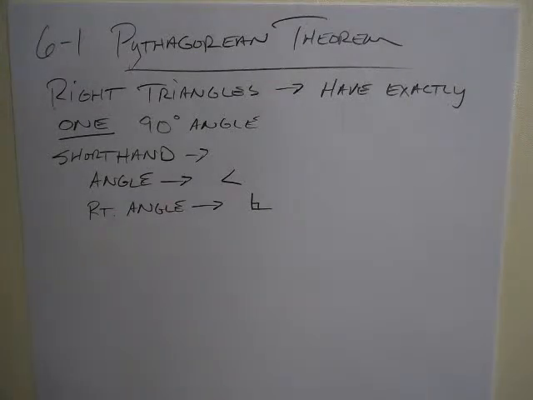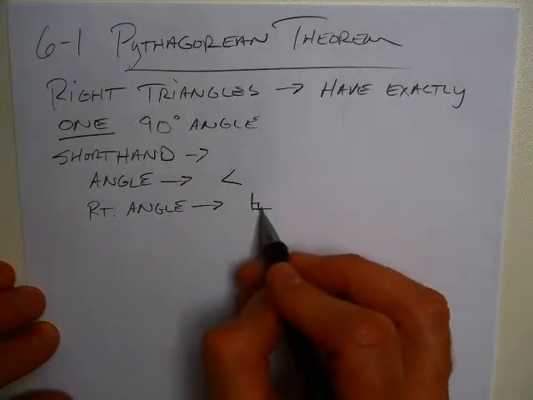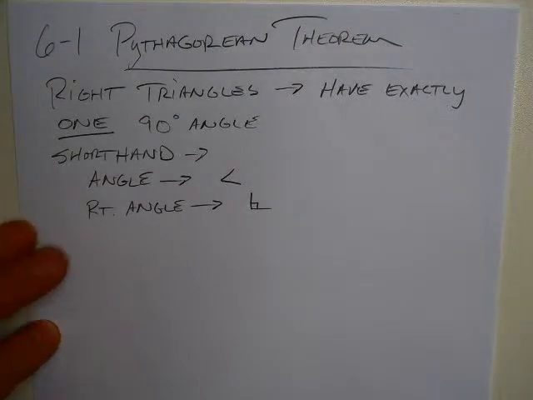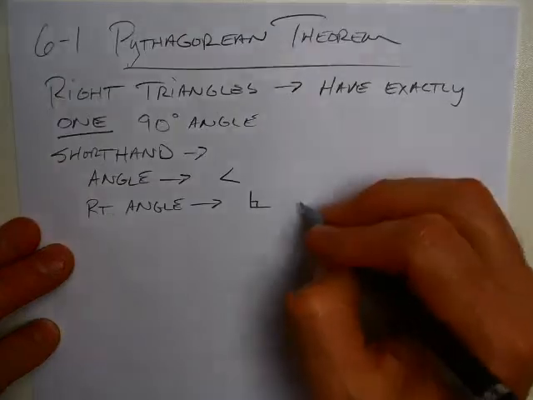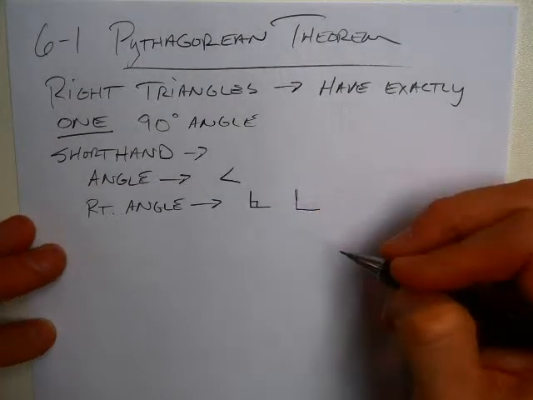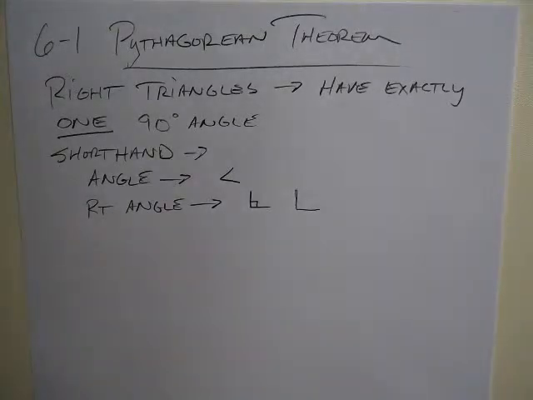Now, how I draw it is important. That little boxy thing in the corner tells you that it's a right angle. But if I draw it like this, and it looks like a right angle, do not assume that it is. We never assume things in geometry.